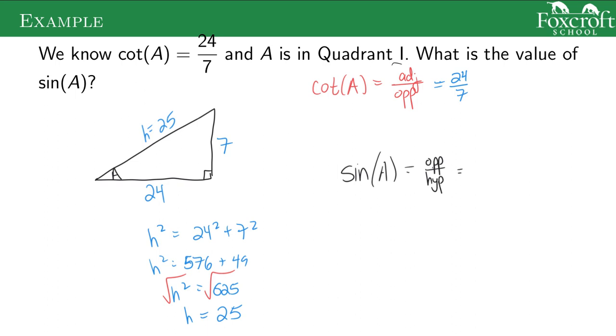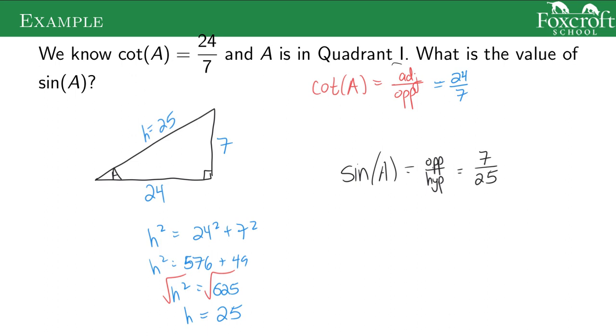If I look at my right triangle, my opposite side is 7 and my hypotenuse is 25. So if the cotangent of an angle is 24/7, the sine of that same angle has to be 7/25.